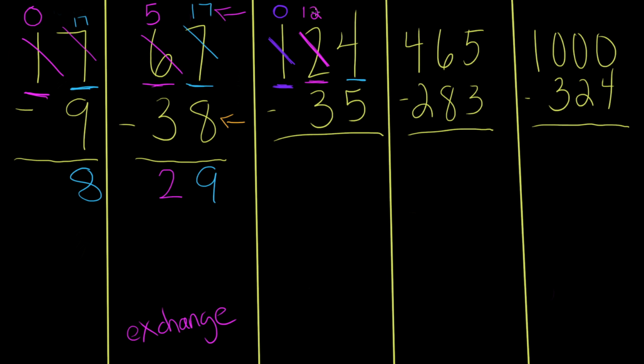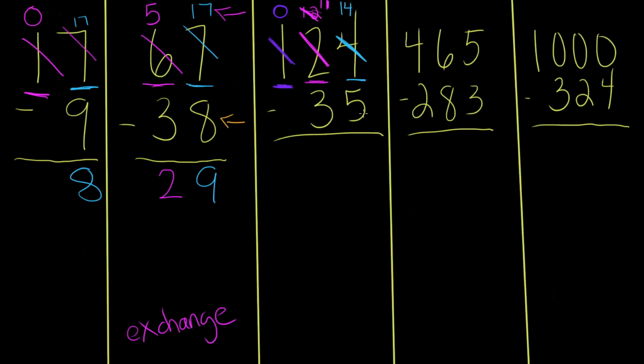But I have to do it again now, because remember, we still can't subtract 4 minus 5. So I'm going to exchange one of those tens. That's going to turn into 11 tens. And I'm going to give 10 of those ones to the ones place, okay? So 10 ones plus 4 ones, that's 14 ones.